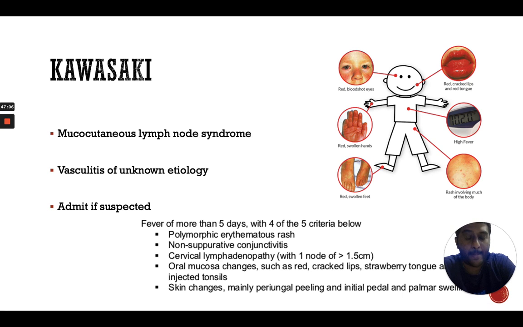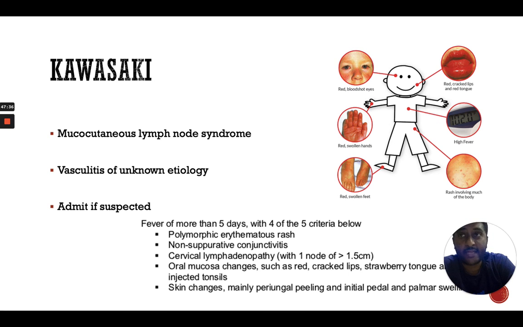If you suspect Kawasaki, admit the patient to inpatient. When to suspect? Anyone with fever of more than 5 days, suspect Kawasaki and look for the signs. They can have red eyes, but the red eye is very clear, without purulent discharge.